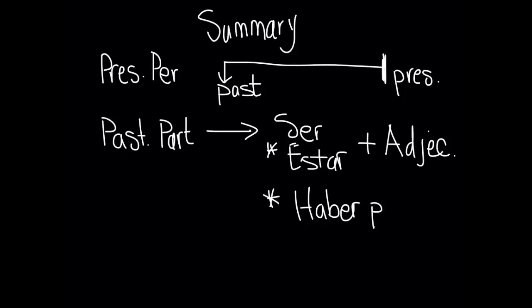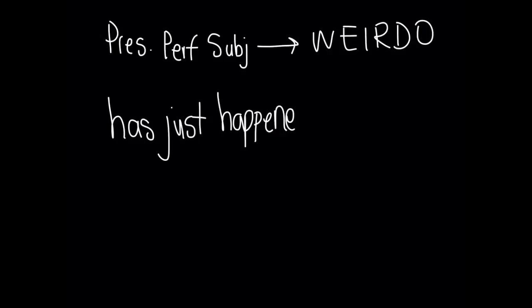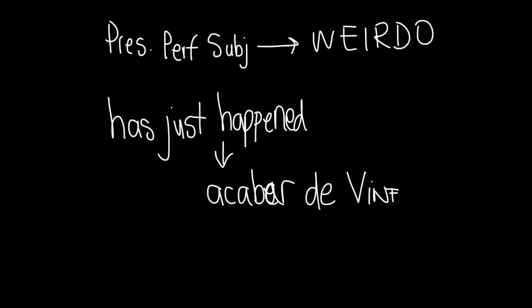And when they are placed after the verb haber, they act as verbs, and they are in the singular, masculine form. Next, present perfect subjunctive follows exactly the same rules as our WEIRDO acronym. And when we want to express that something has just happened, we use acabar de plus the verb in infinitive.